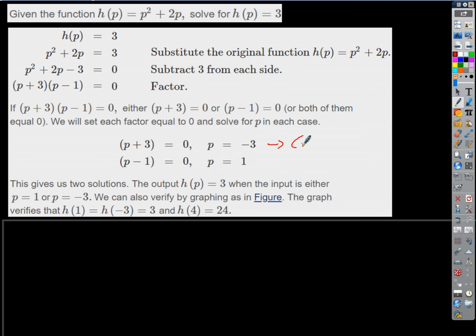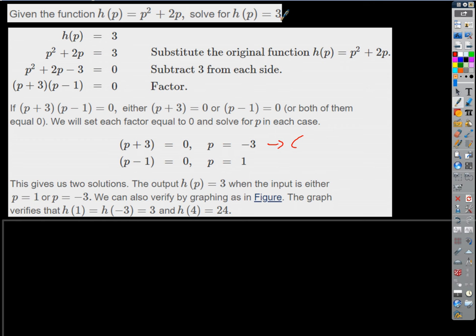Now let's go back and think about this from the perspective of the original question. It says, given that the function h of p equals p squared plus 2p, solve for h of p equals 3. Well, what does that mean? h of p equals 3, y equals 3. That's the y value, isn't it? The function represents the output values.